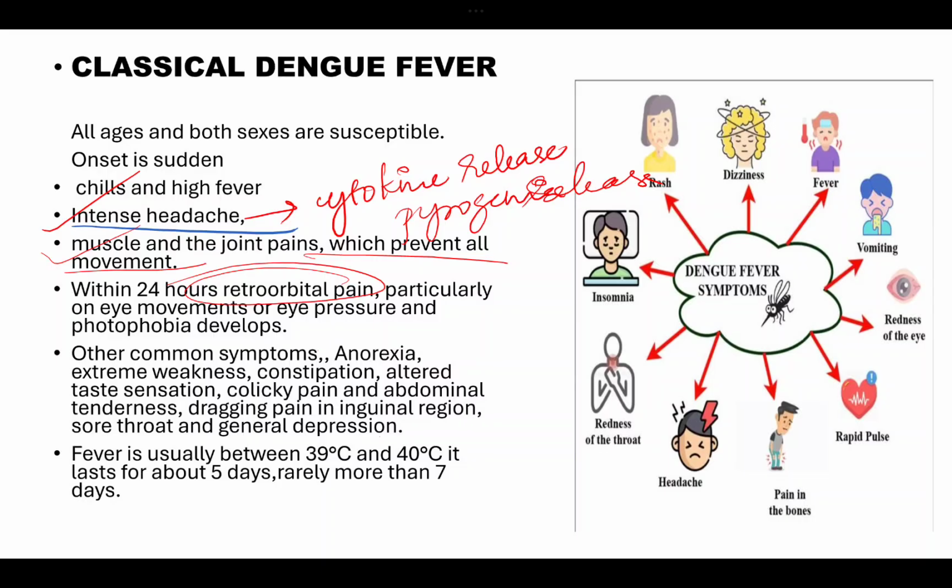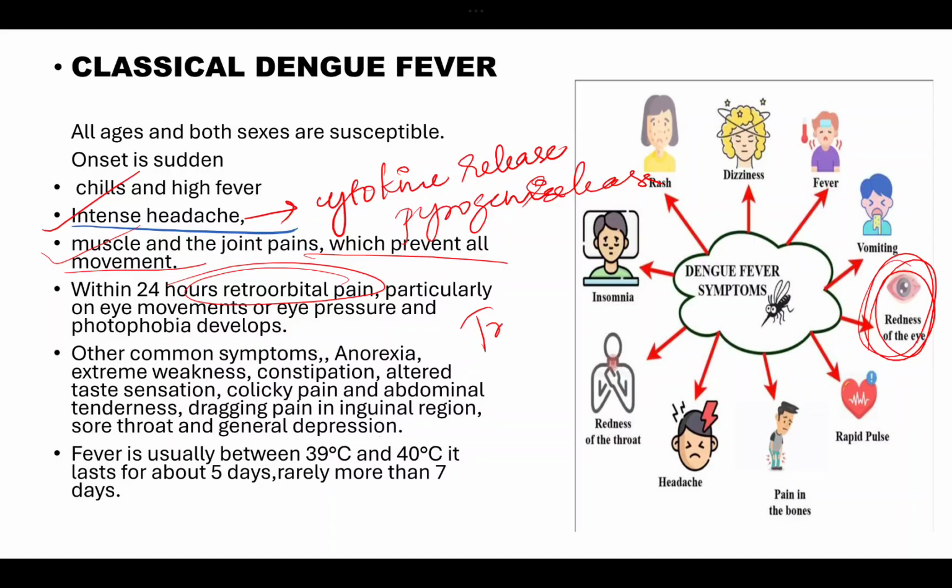Retroorbital pain, what is retroorbital pain? It is a cytokine mediated inflammation and edema of the orbital soft tissue. You can see in the eyes here, orbital pain will be there. There is an inflammation and edema of the orbital soft tissues, and then inflammation of the ophthalmic division of the trigeminal nerve.